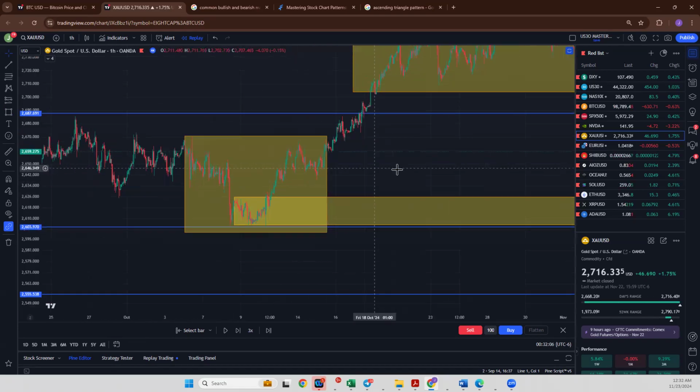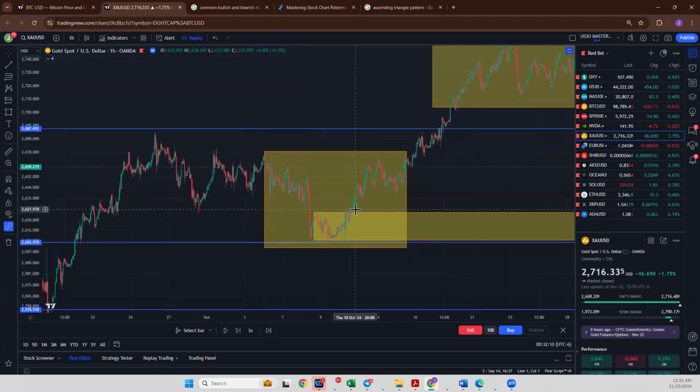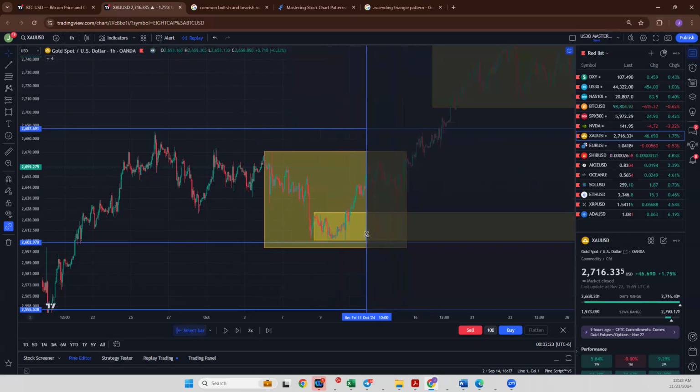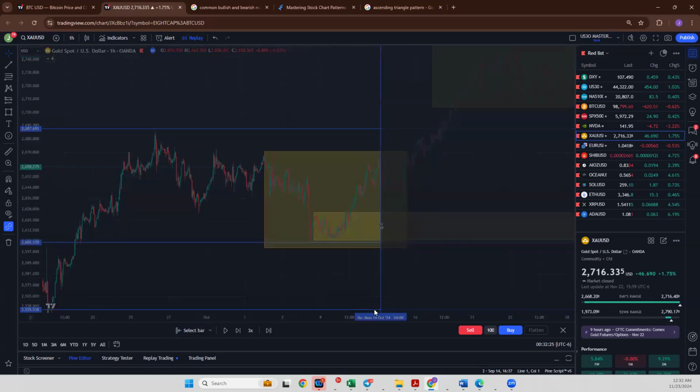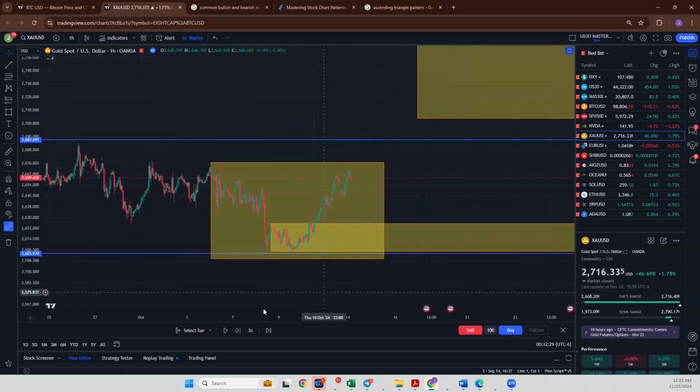So what you're looking for is the exact opposite of what we did up here. You're looking for price to come and confirm the presence of another shoulder to confirm that you have a Head and Shoulders pattern. So what I'm doing is rewinding back in time so we can demonstrate what I'm looking at.